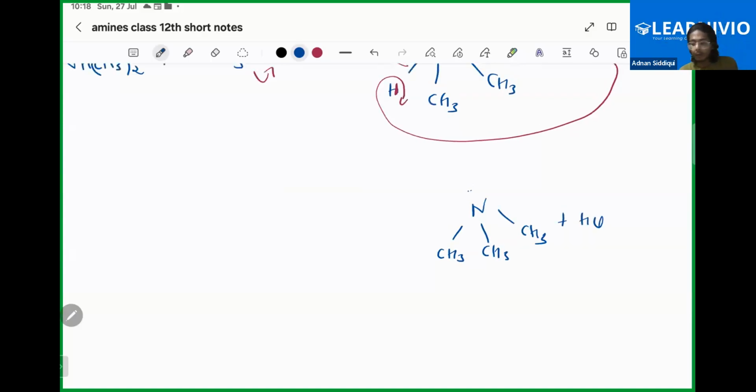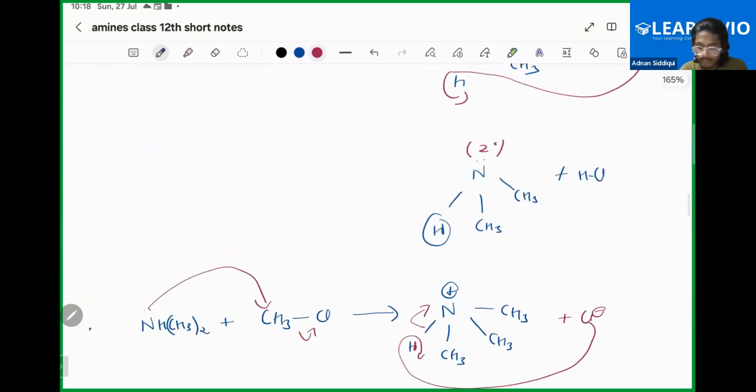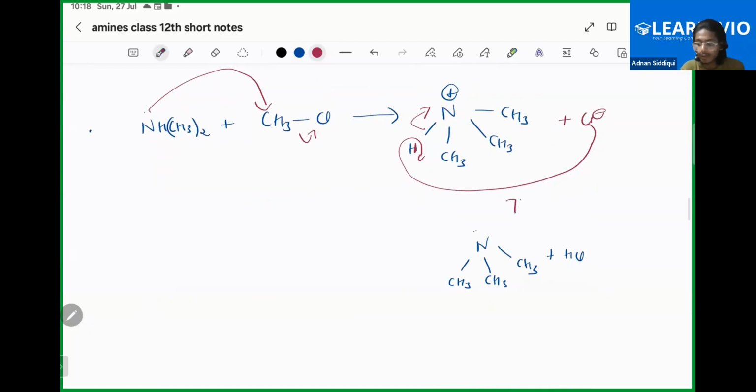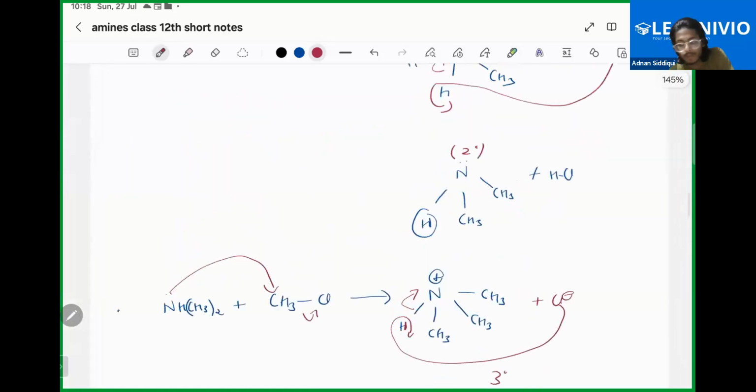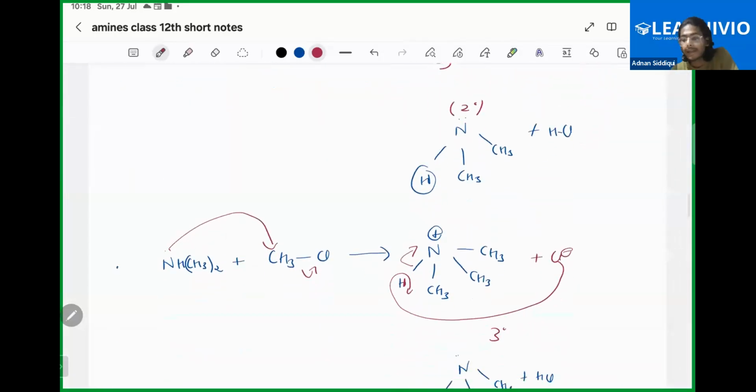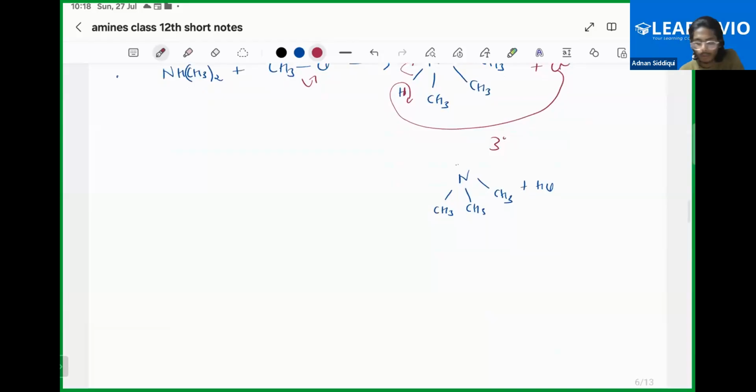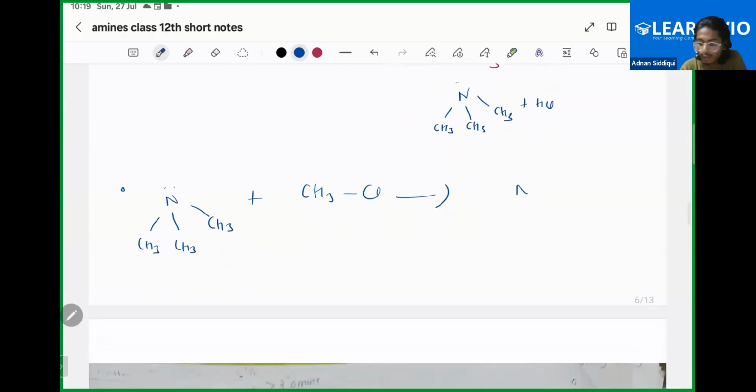Now, what you have observed so far, if you are doing ammonolysis, then you are going to get a mixture of product. You are going to get 1 degree, 2 degree, and 3 degree as well, right? And it is not limited to 3 degree only, because this 3 degree amine can again attack and can form a quaternary ammonium salt.